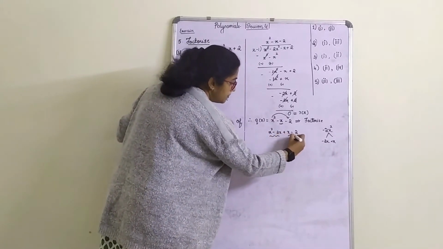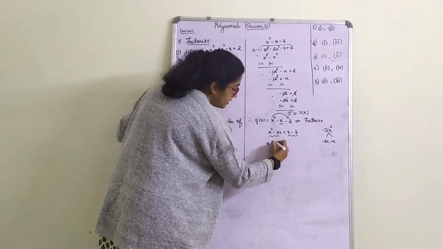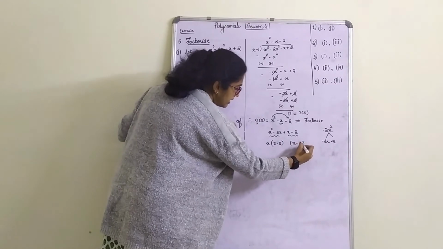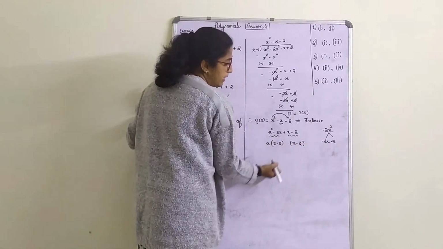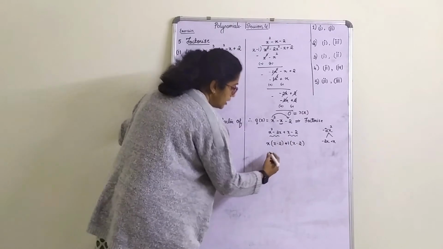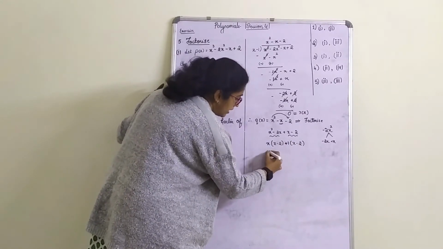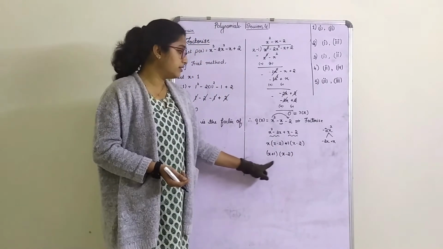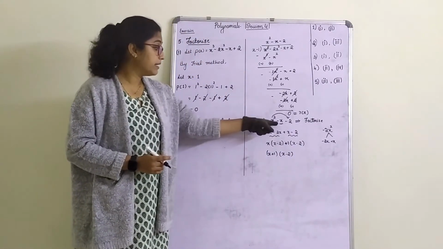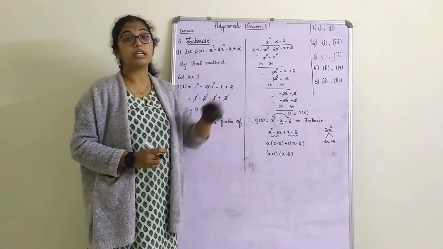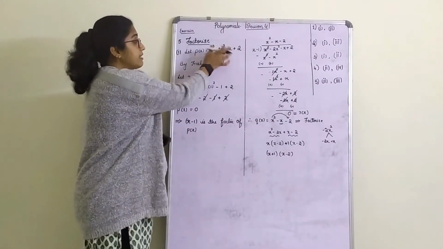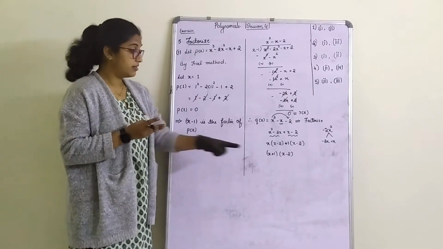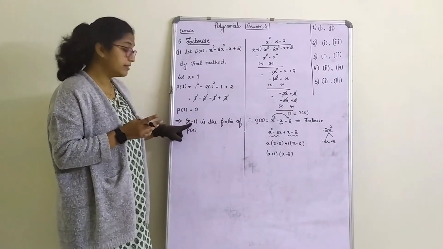Group these two and take common. Take x as common here, x minus 2. We all know that we need to write the same thing, x minus 2. X into what will give you plus x? Plus 1. So this is x plus 1 and x minus 2. So how many factors did we get here? 2 factors for this. But this is a quotient for the given polynomial, so a cubic polynomial will have 3 factors, 1, 2 and 3.